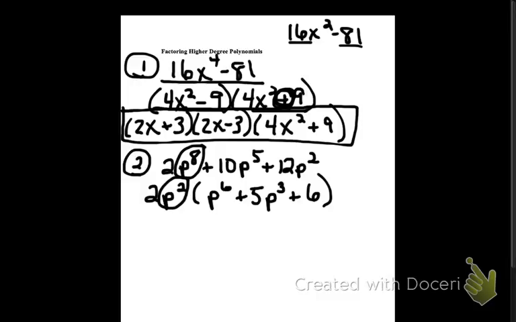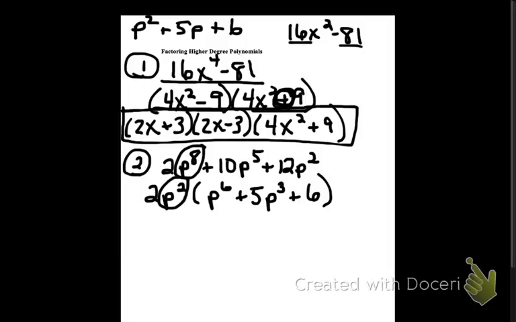Looking at this, I now have a trinomial. The only difference between what we saw in Chapter 4 would be it looked like this, p squared plus 5p plus 6. Now when I'm looking at it, I have a degree 6.